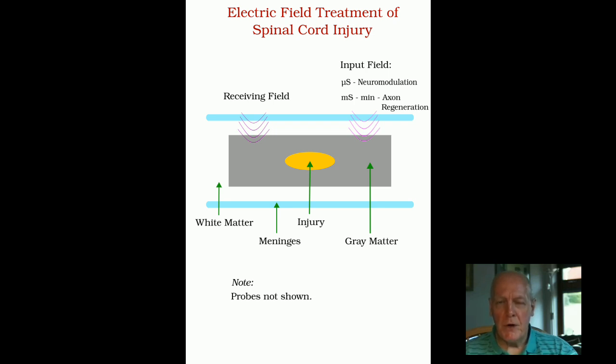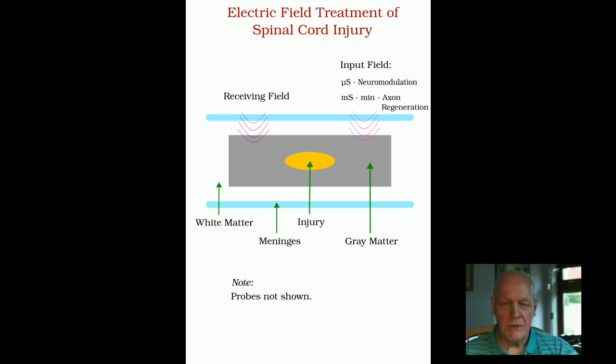So what do we mean by a spinal cord injury? Well, you can see on this image an oval shape which represents the injury to the spinal cord, in the grey matter of the spinal cord.